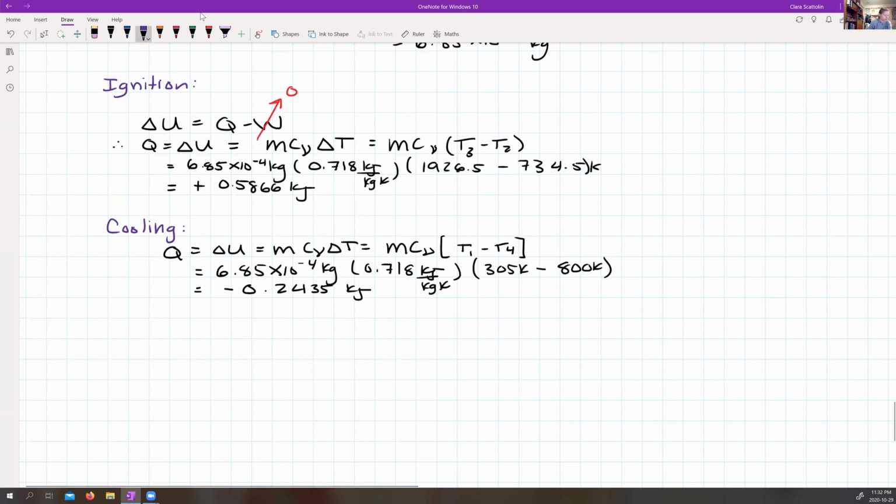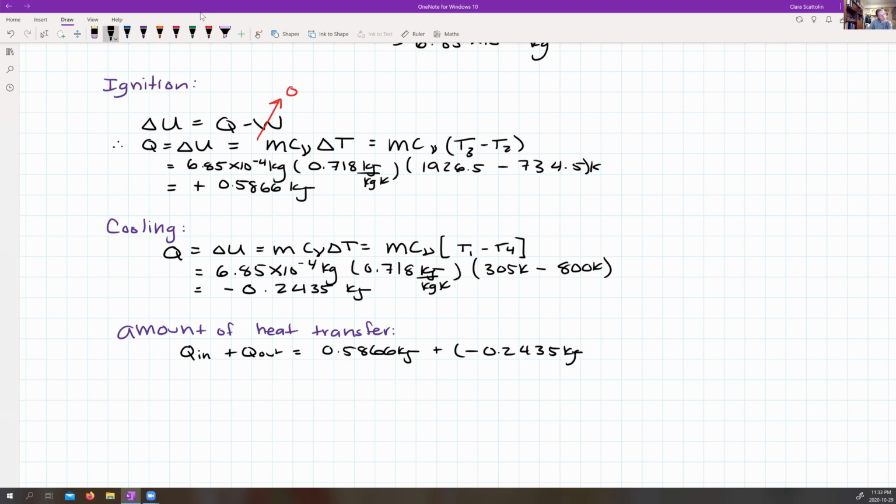The amount of heat transfer is going to be Q in plus Q out, which is 0.5866 kilojoules plus a negative 0.2435 kilojoules, which will give me an amount of heat transfer of 0.3431 kilojoules.